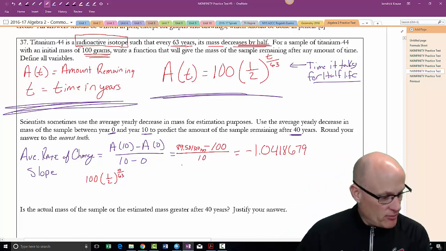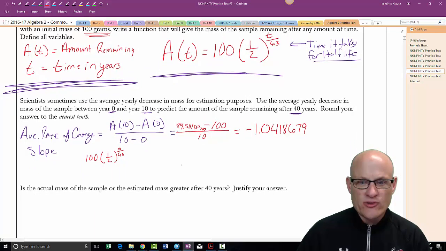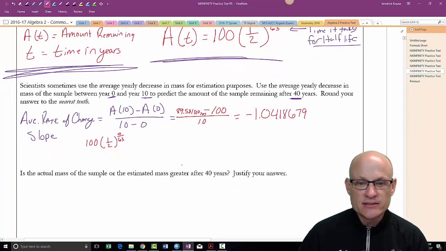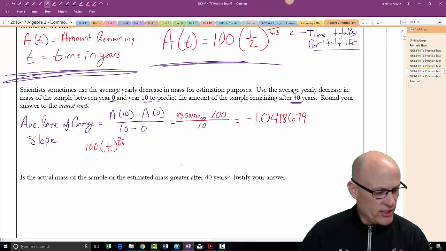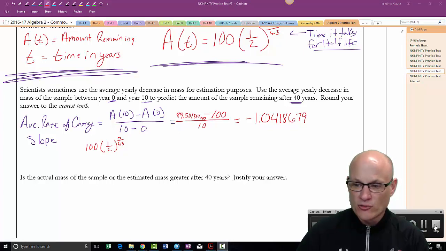This is so dumb to do this. Okay, so use that number to predict your answer to the nearest tenths place. Hold on, I got to break so I don't lose it.